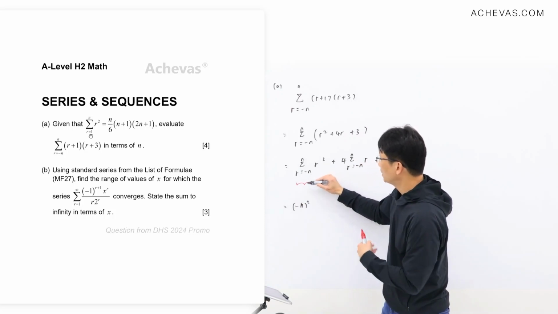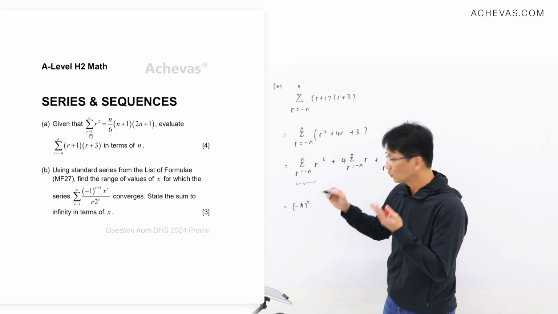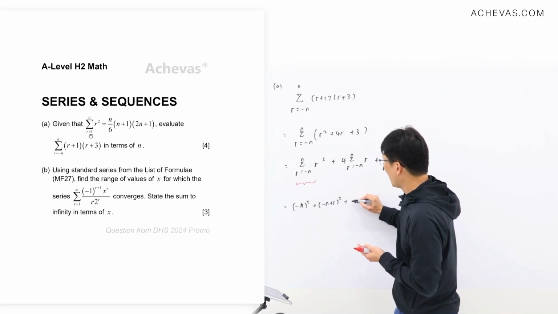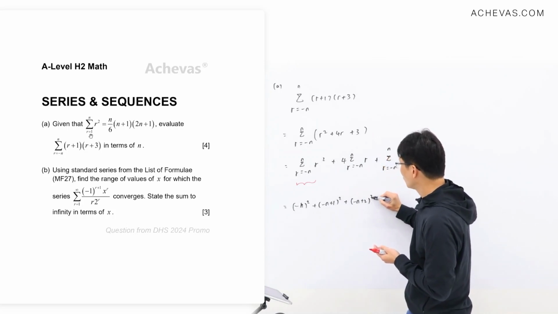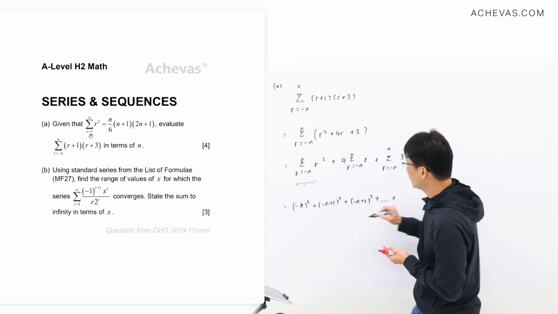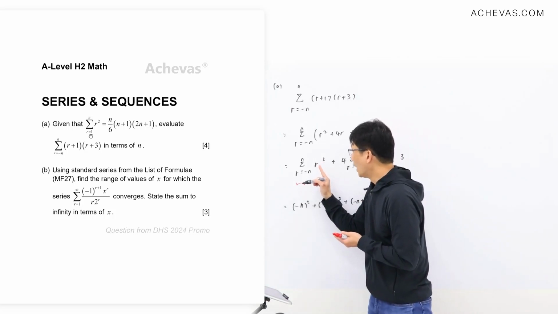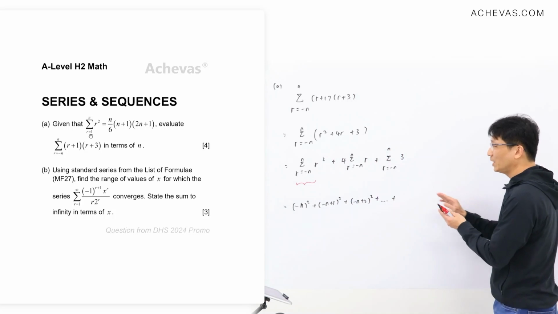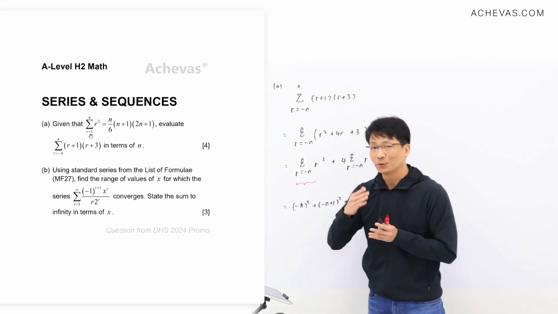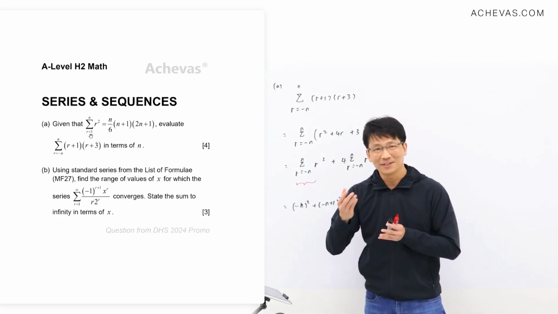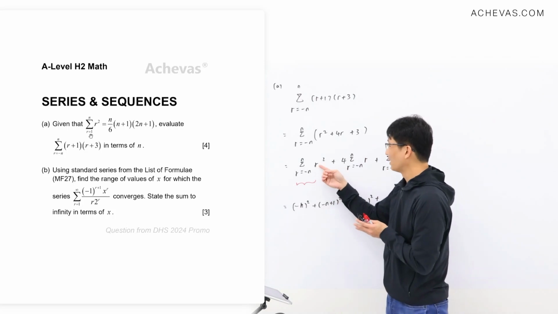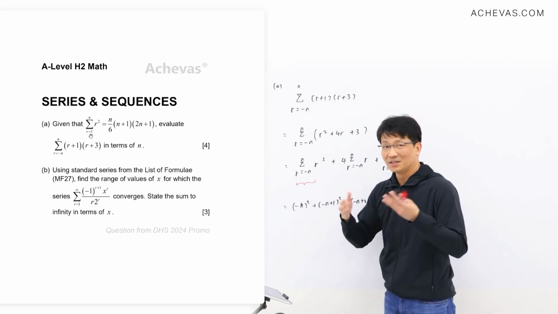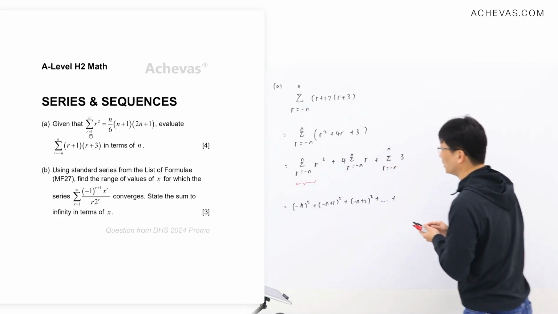And when you increase another term, you get minus n plus 1, so I'll get minus n plus 1 squared, and minus n plus 2 squared, and all the way until I just stop halfway first, and halfway is actually the value of r equals 0. But I don't think it's necessary to put r equals 0 inside, because when r equals 0, it will just be a 0 value.